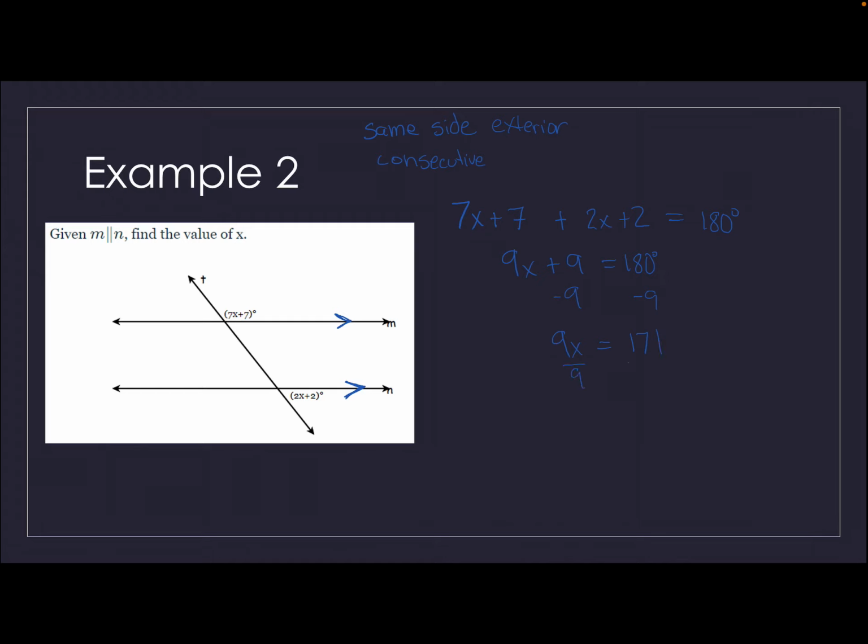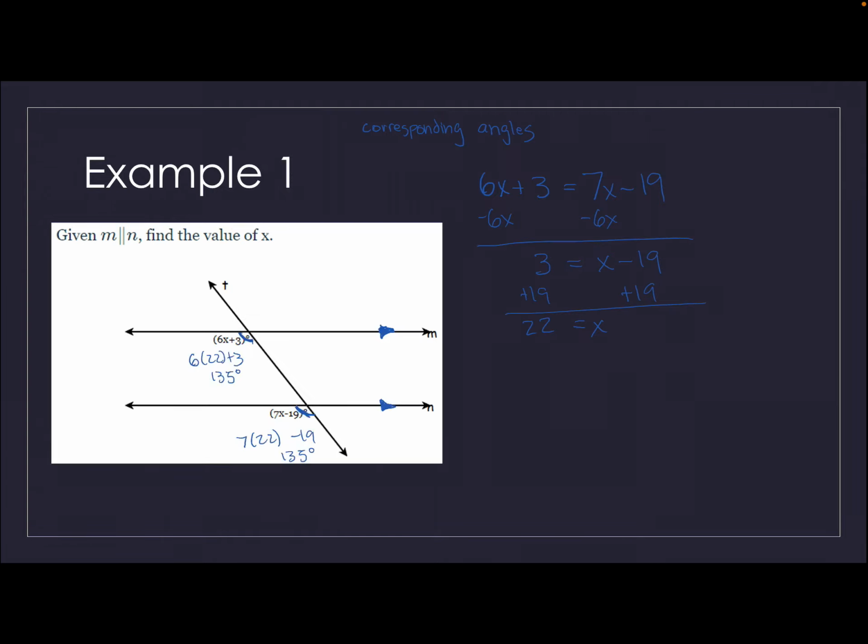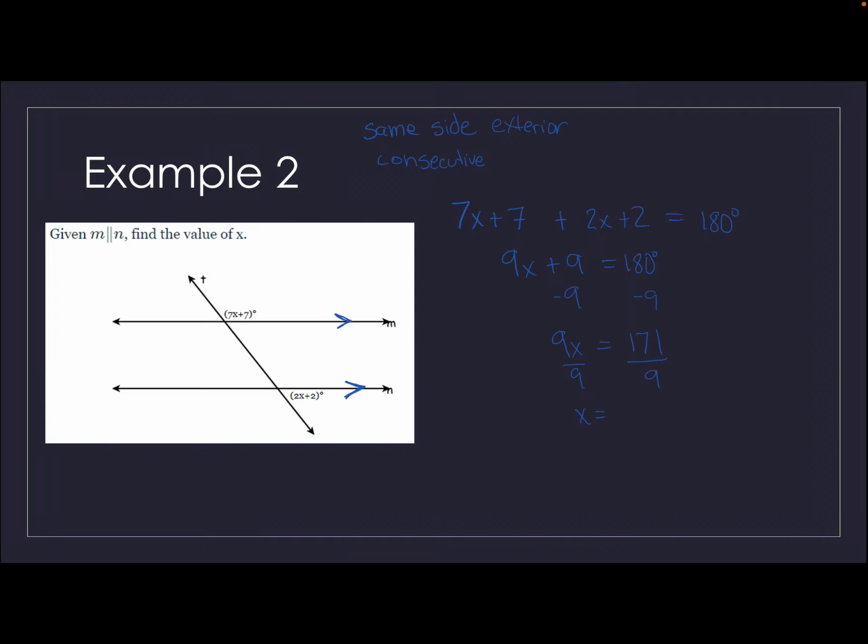If you divide both sides by 9, you get x equals 19. So it says find the value of x, but I encourage you to actually check your work. So if we substitute in 19, we get 7 times 19 is 133 plus 7 is going to give us 140 degrees.